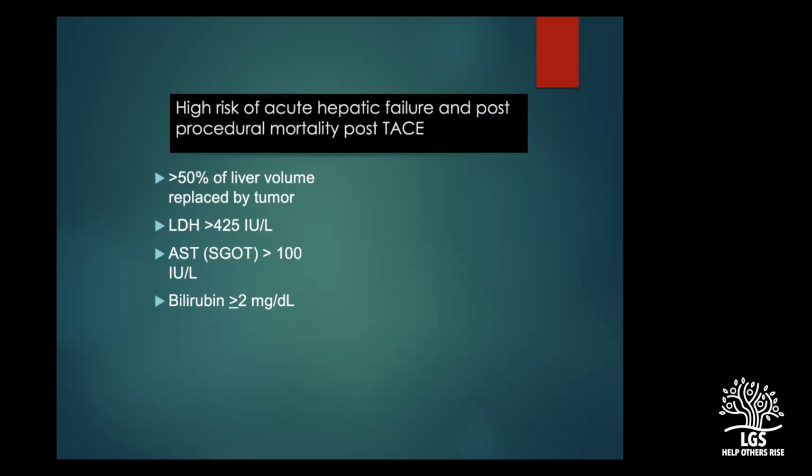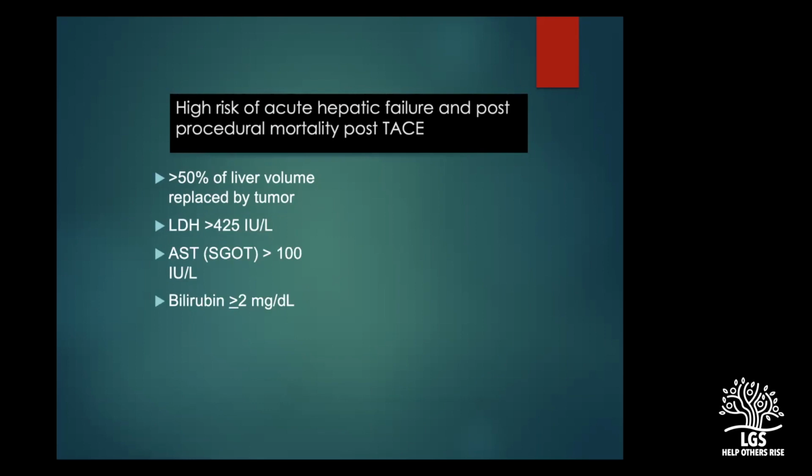With advancement in technology, we can mix and match all these parameters. It's a case-by-case basis. We can select the cases and choose the right treatment for them. Whatever is written as a gold standard, whatever the literature says, it probably doesn't hold true when it comes to patients because of the advancement in technology. We have really, really small microcatheters. We can reach almost very close to the pseudocapsule of the tumor.